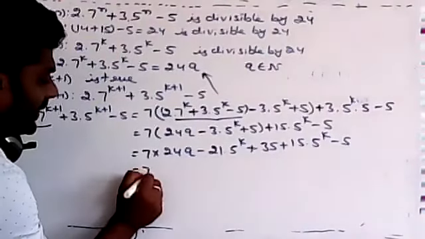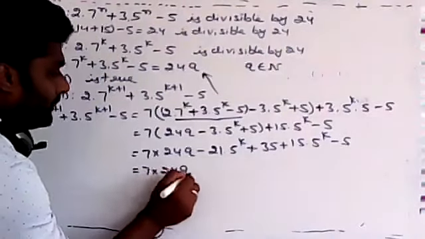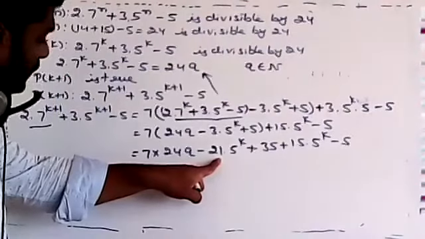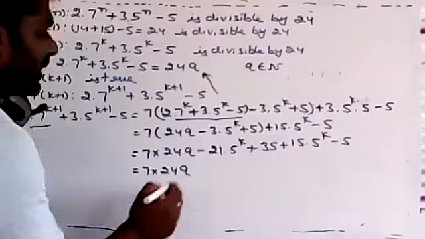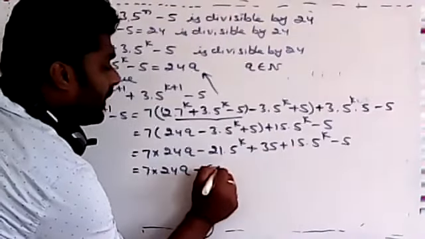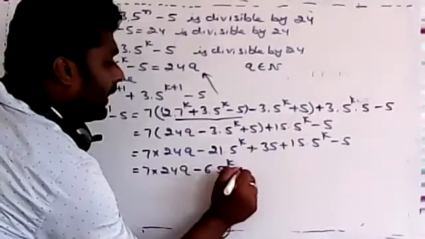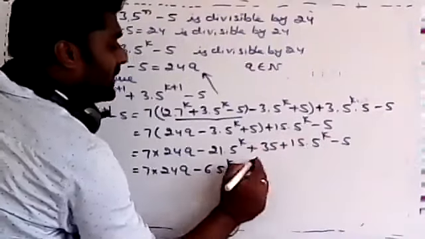Next, 7 into 24Q. See this one, 21 minus 21 plus 15, 5 to the power of K is how much? Minus 6, 5 to the power of K plus 35 minus 5 is what?